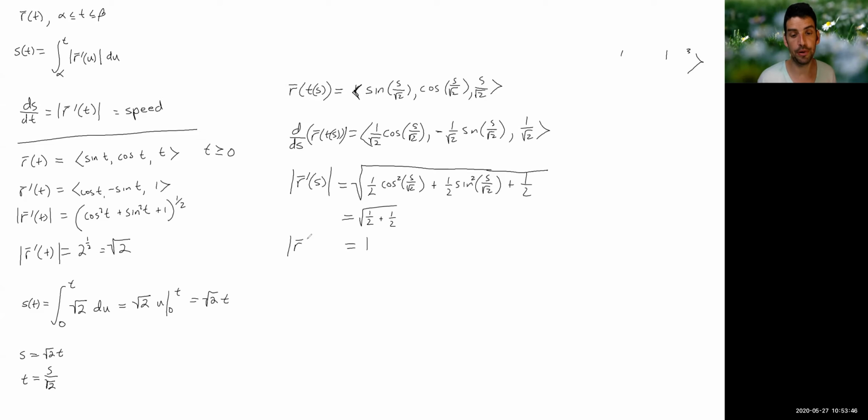So when we reparameterized this, what this is called is reparameterizing our curve with respect to arc length, meaning we take this arc length function, find the inverse, and use that as our new variable. We get a new parameterization for the same curve where the magnitude of the velocity vector is 1. In other words, the speed is 1.